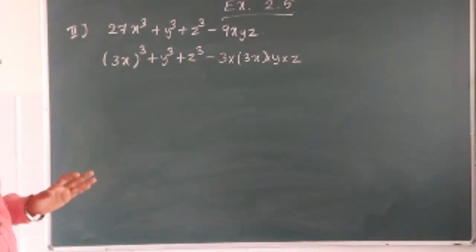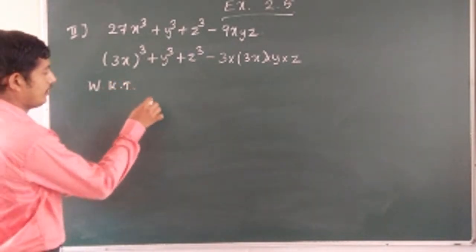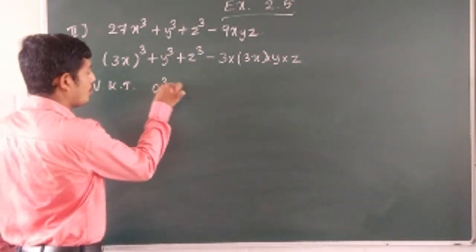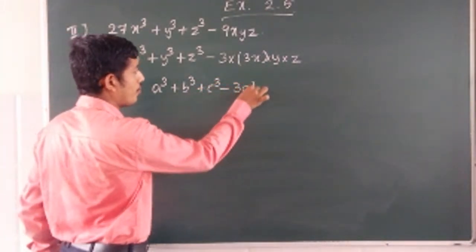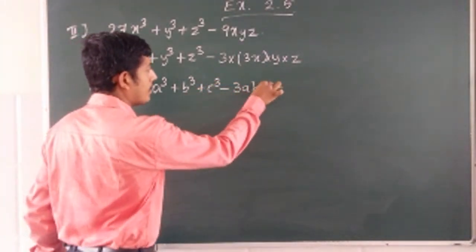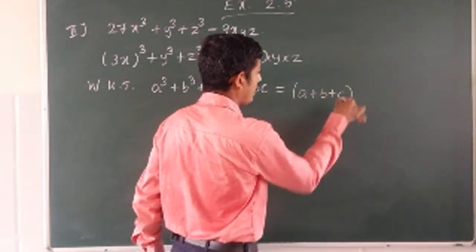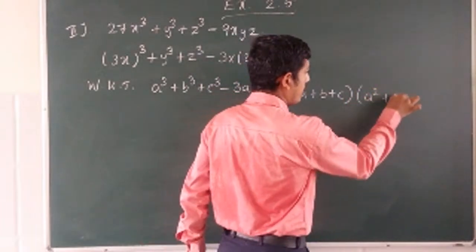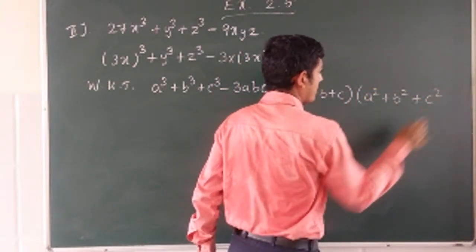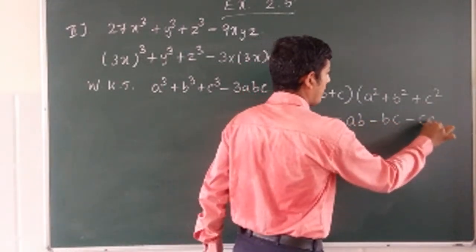And we know that A cube plus B cube plus C cube minus 3 times of ABC equals A plus B plus C into A square plus B square plus C square minus AB minus BC minus CA.